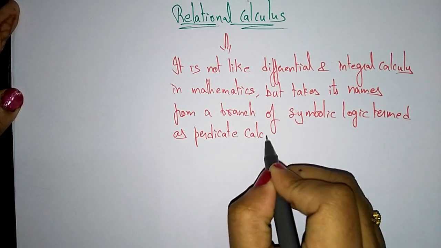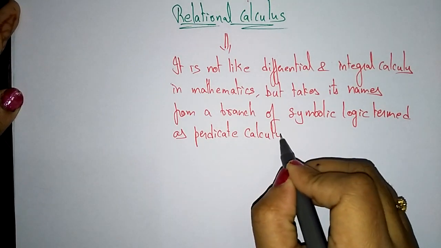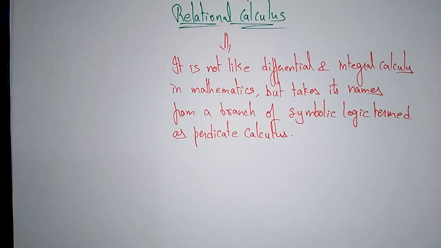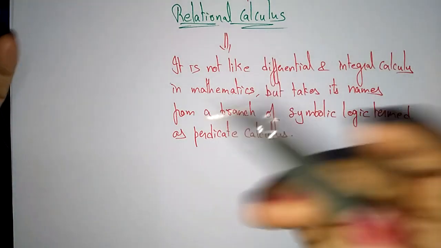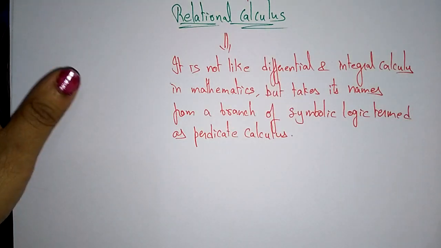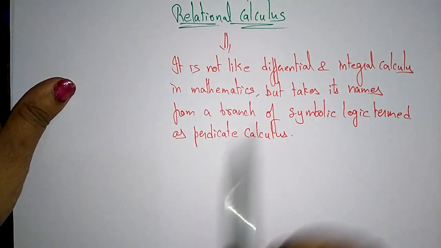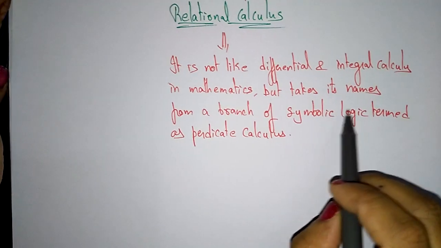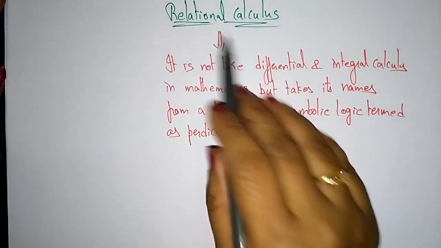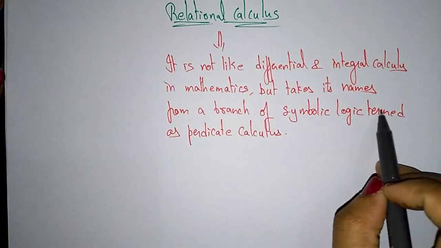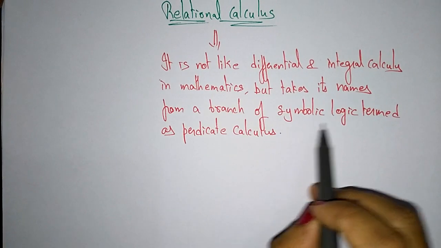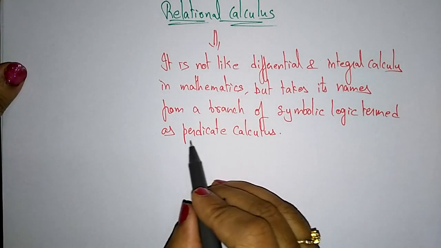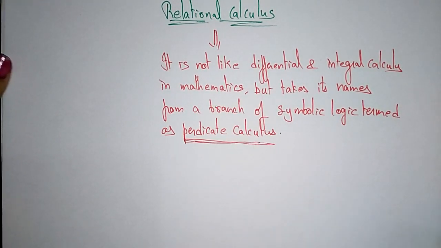So this is the definition of relational calculus. We thought that relational calculus meant some mathematical integration, but it is not like differential and integral calculus in mathematics; it takes its name from a branch of symbolic logic termed predicate calculus.